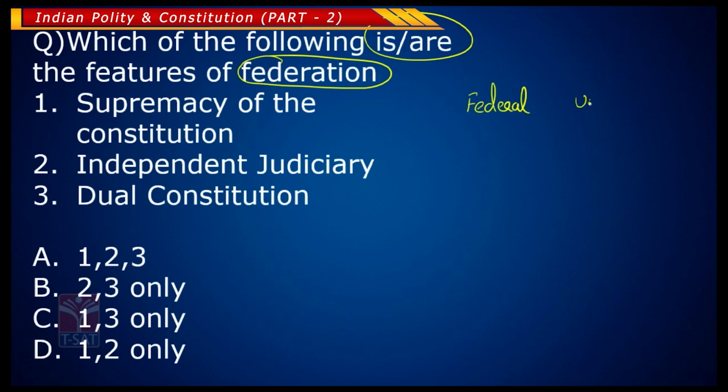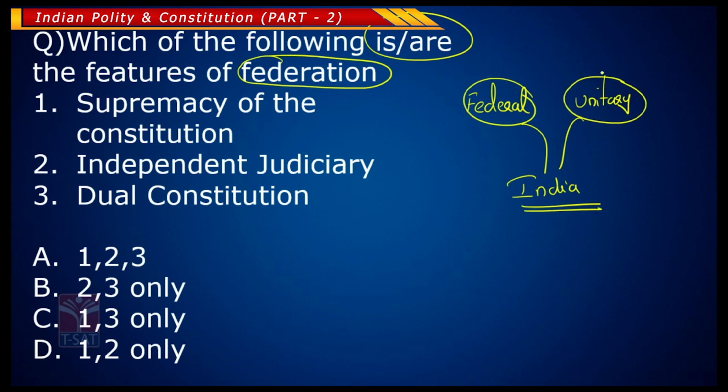The second one is the unitary nations. India is a mixture of both federation and unitary features, and so India is called quasi-federal.